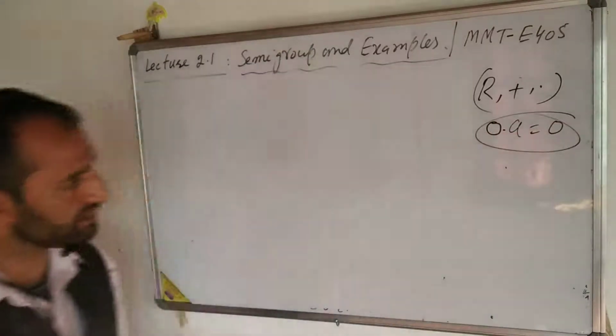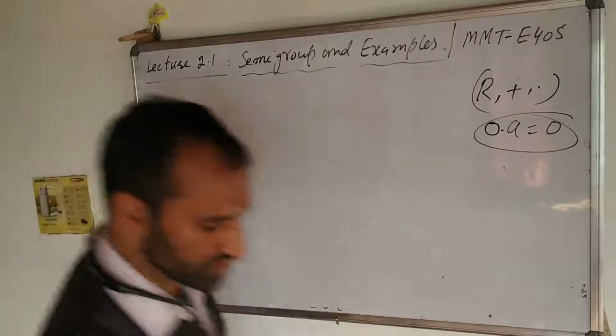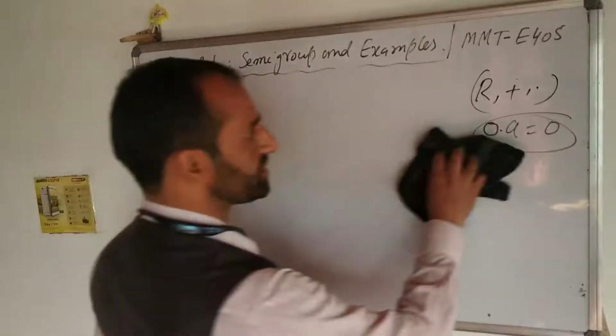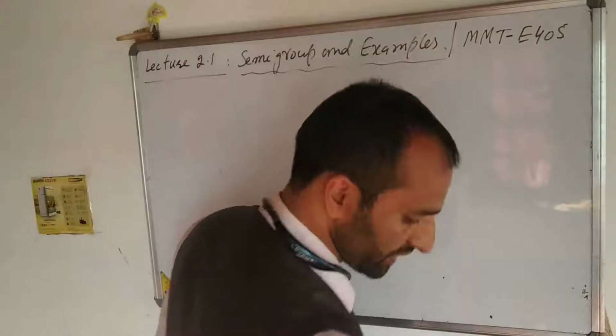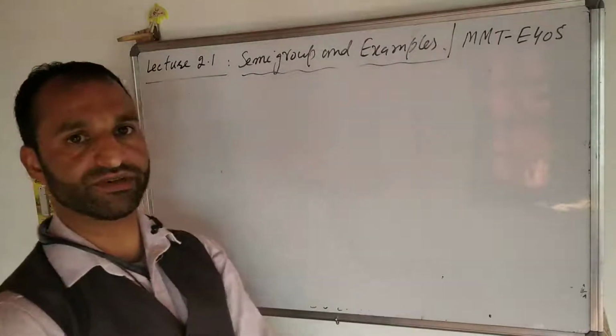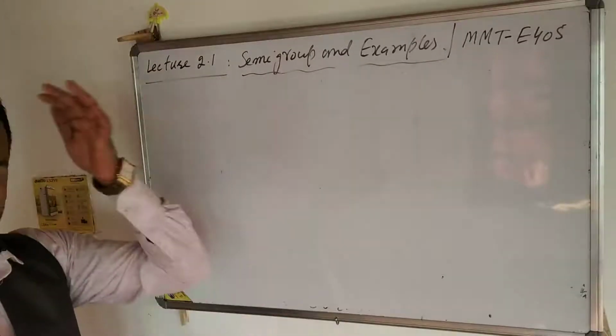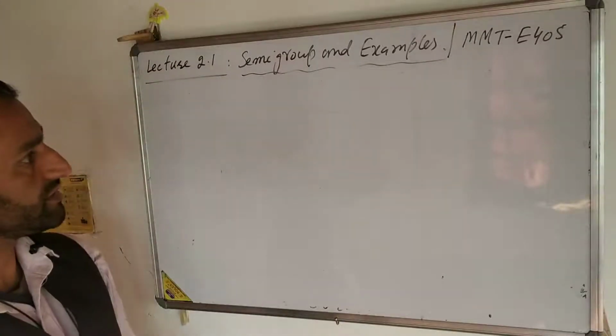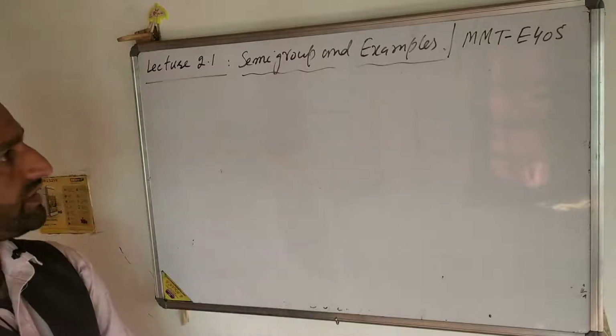So here, with respect to multiplication, we define the zero, because the operation here is multiplicative. We define the element zero of a semigroup. As in the case of a ring, we have a zero of a ring. Zero is always there in rings, but here we need to define the zero element.